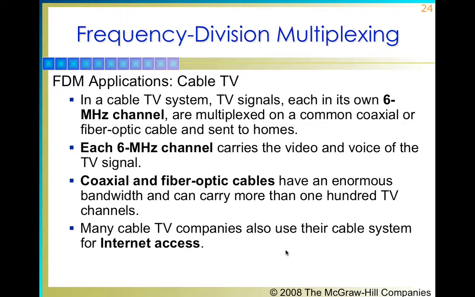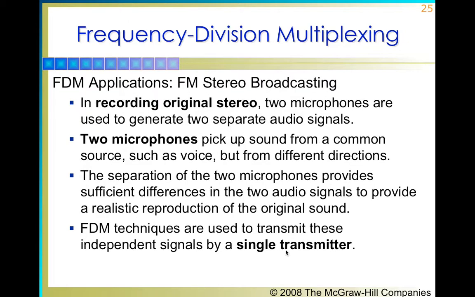Because these communication channels, the coaxial cable and fiber optic, have enormous bandwidth, the cable TV system can also be employed for internet purposes as well.